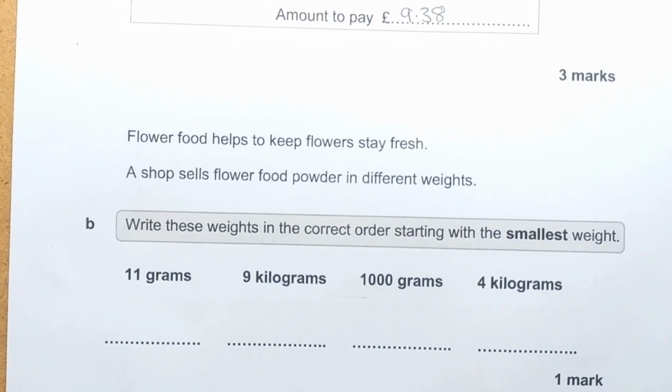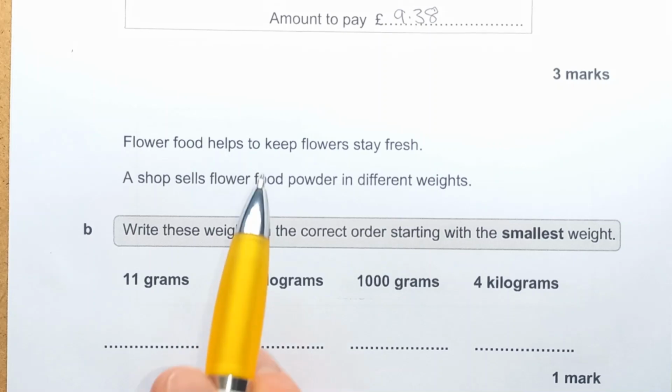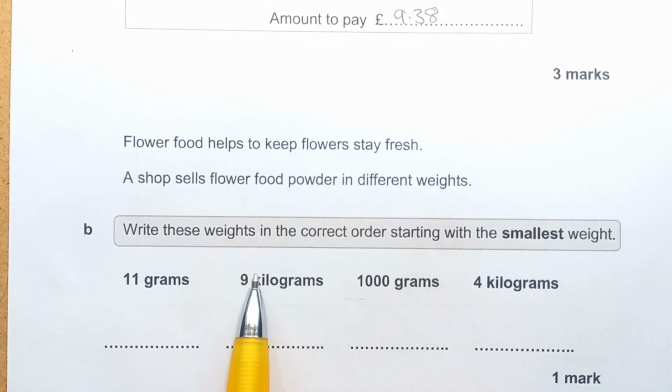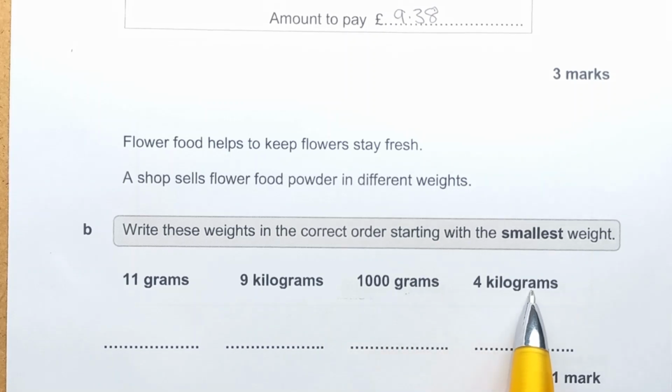Right. Then we've got flower food helps to keep flowers stay fresh. A shop sells flower food powder in different weights. Write these weights in the correct order, starting with the smallest weight. All right, so we've got 11 grams, 9 kilograms, 1,000 grams, and 4 kilograms. So we've got different units, some are grams, some kilograms. So I'm going to turn them all into the same thing.